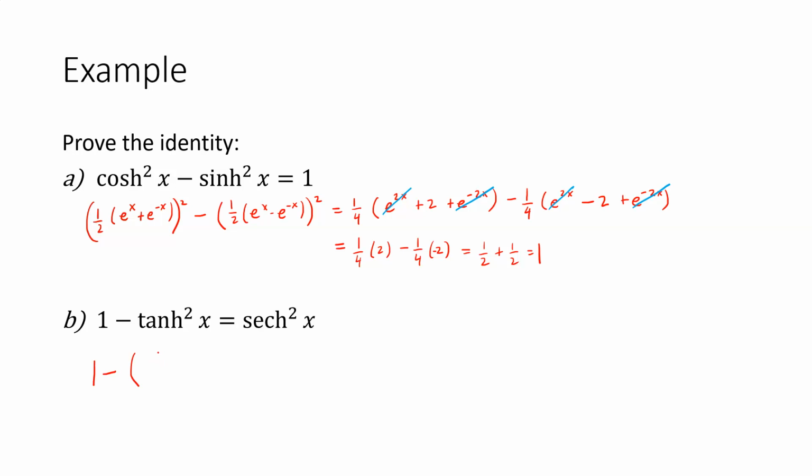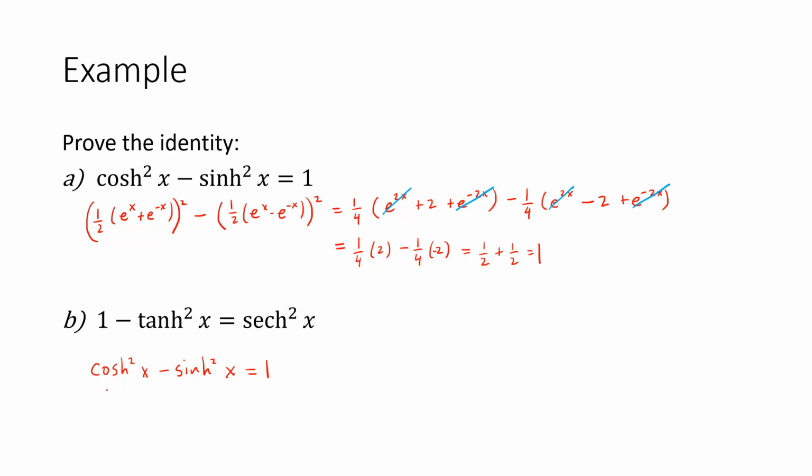We could write this out in terms of the exponential functions and work it out that way, but I'm thinking it might be easier if we start with this identity that we already proved, because we've already proved that hyperbolic cosine squared minus hyperbolic sine squared is equal to 1. And we know that those are all going to be related to the hyperbolic tangent and hyperbolic secant. In fact, we know how to get them.